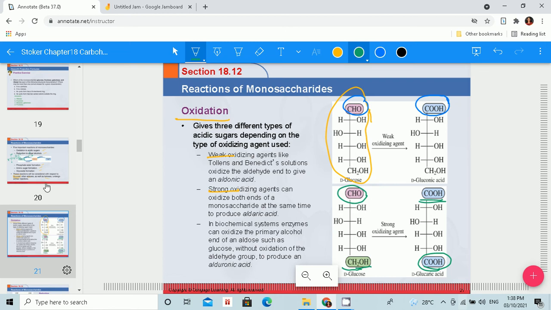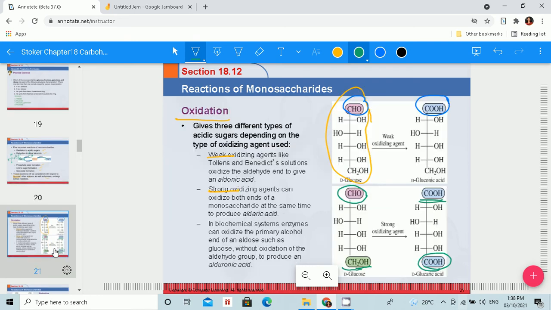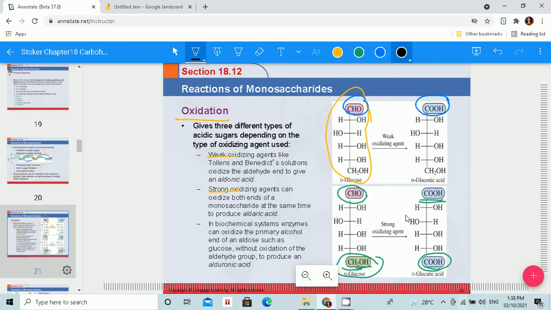Since there is an aldehyde, the oxidation there is from here only. But for the one below, the oxidation is from primary alcohol to aldehyde, and then from aldehyde to carboxylic acid. So it's a two-step oxidation reaction. It's possible because the oxidizing agent we are using is strong.